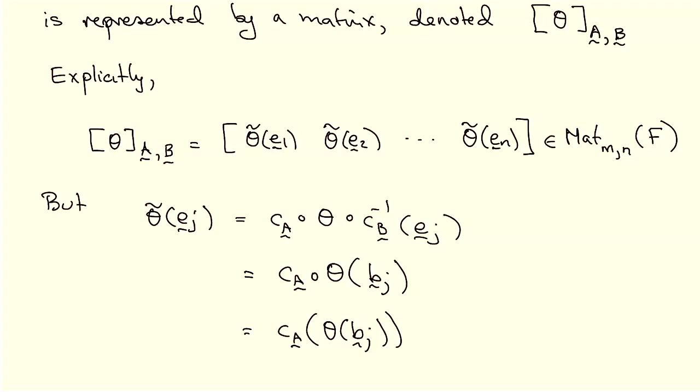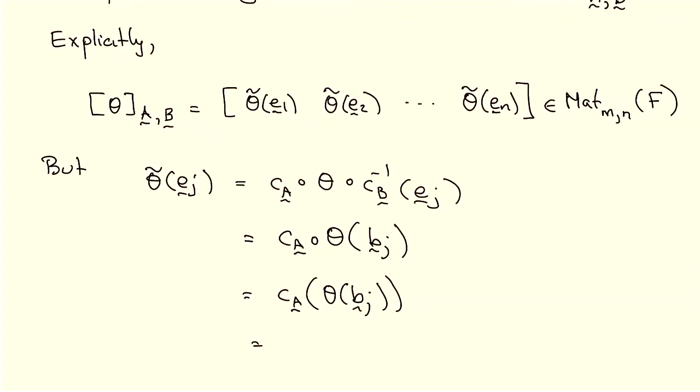And so what that means is I have to take this vector here. How do I compute this coordinate map? I have to take this vector, write it in the basis of the A's, and grab the coefficients and write them as a column. And that's what this will be.